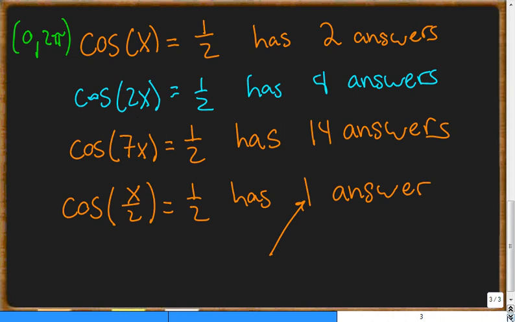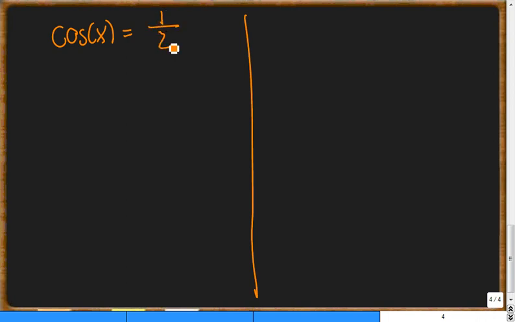Now, what you want to do with this is, let's say, it doesn't really change the way the problem works. The cosine of x equals 1/2. If you were to look on the unit circle, and let's say we said between 0 and 2 pi, x is going to be pi over 3 and 5 pi over 3.